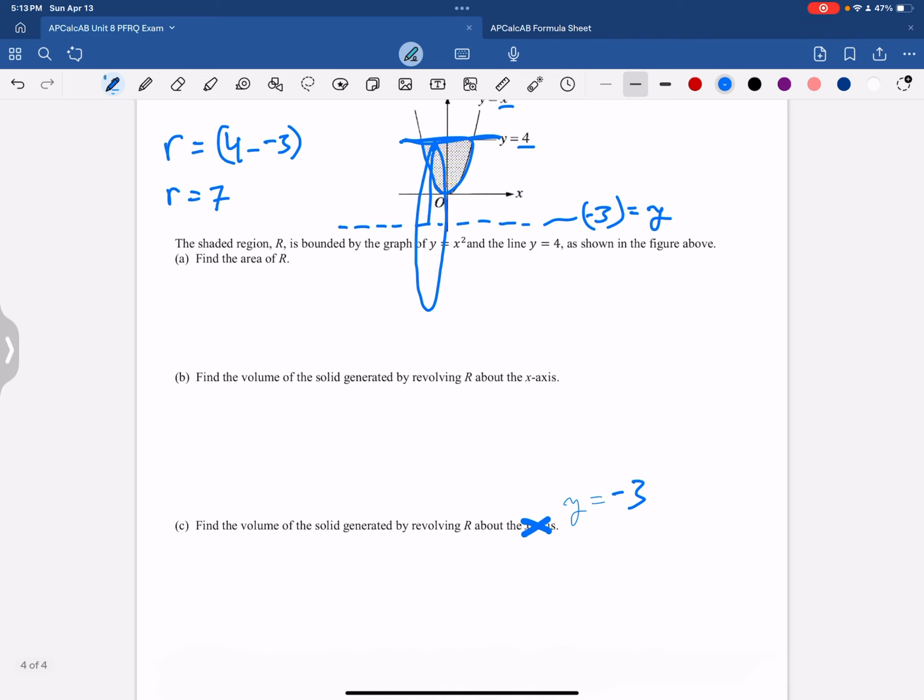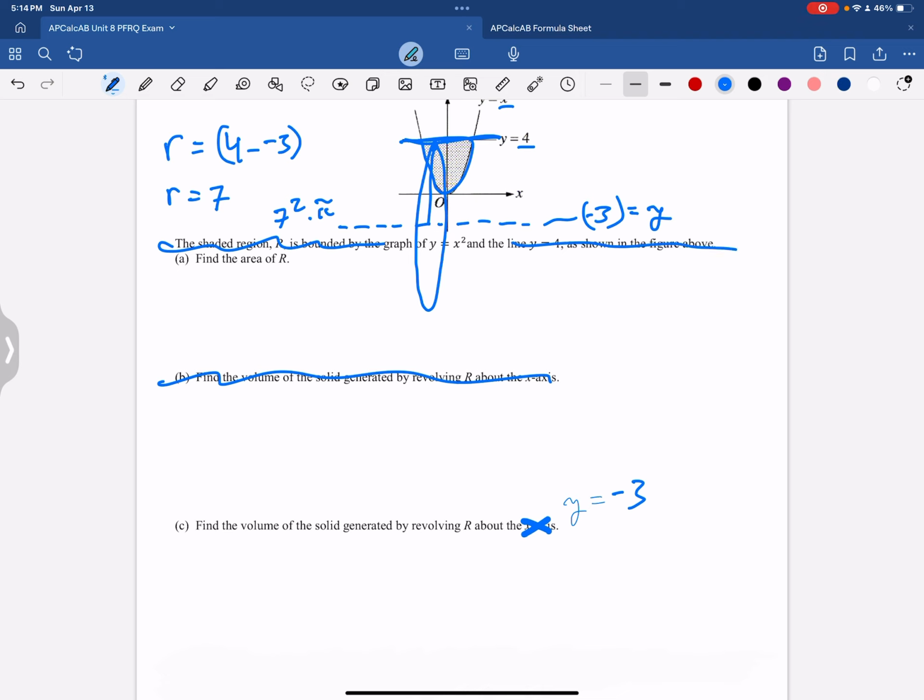Then all you would do is square the 7 and multiply it times pi, and that would be the area of that circle. Now, for this constant function, the areas of those circles aren't going to change, so there is a shortcut way to do it without calculus, but I'm going to keep using calculus for the sake of learning here. We did this in the other video.